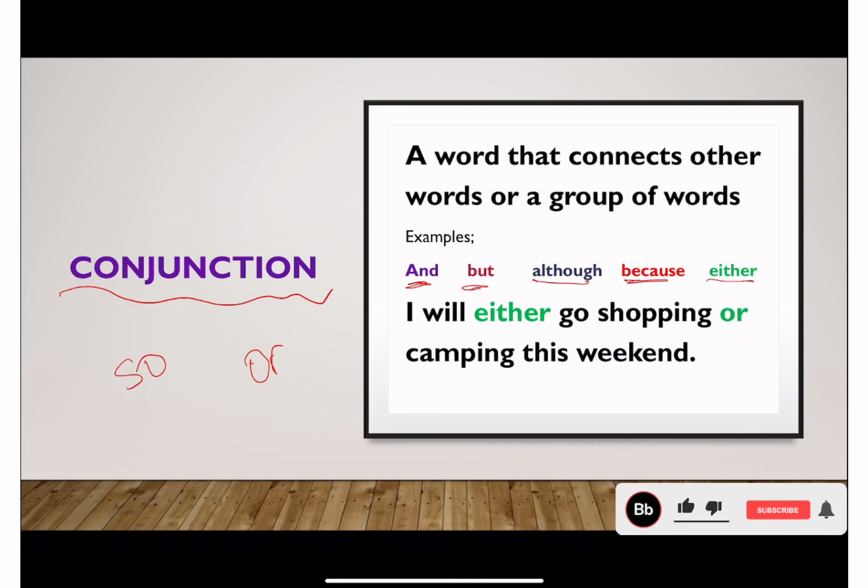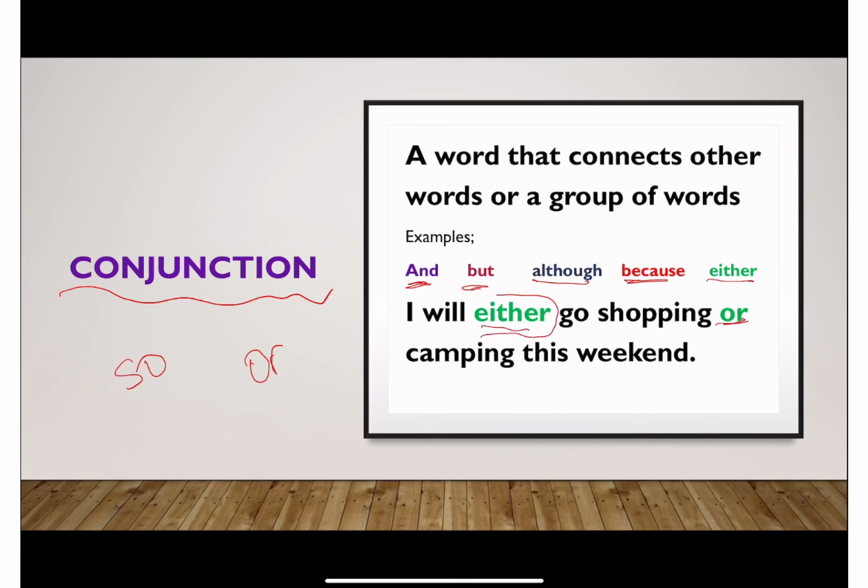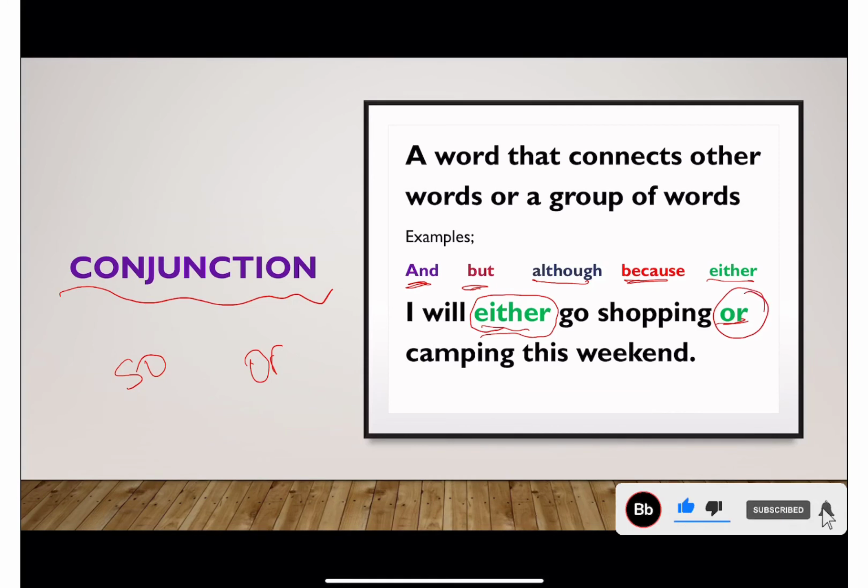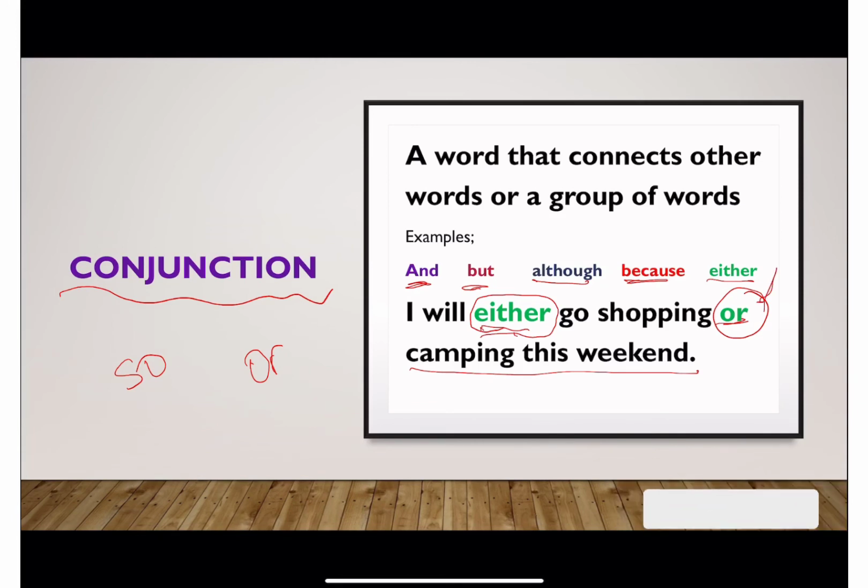So a sentence for a conjunction could look like, I will either go shopping or camping this weekend. So this is where we are looking at groups of words that connect other words. Either gives me a choice, or so I will either go shopping or camping this weekend. These are word connects. They make the sentence make more sense.